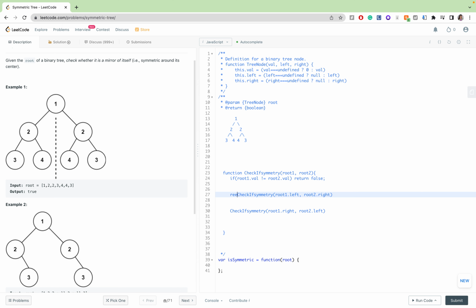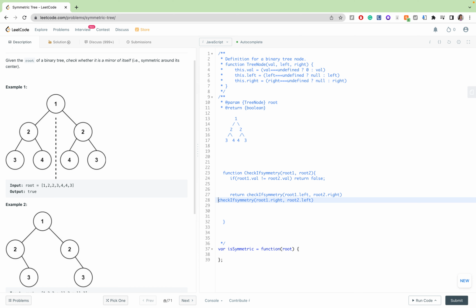Or what I can say is I can just return check symmetry, and only if this is true I look at this, right? So only if these two, 3 and 4, are equal, now I'll look at its right and root 2's left.